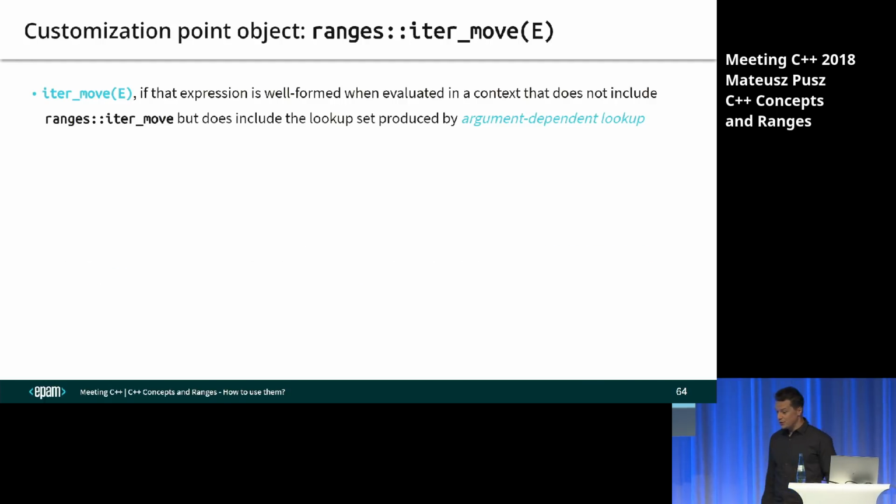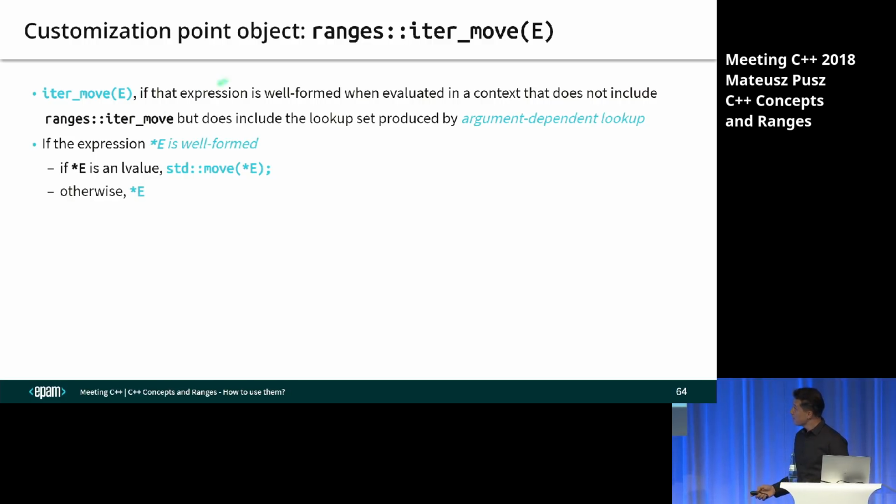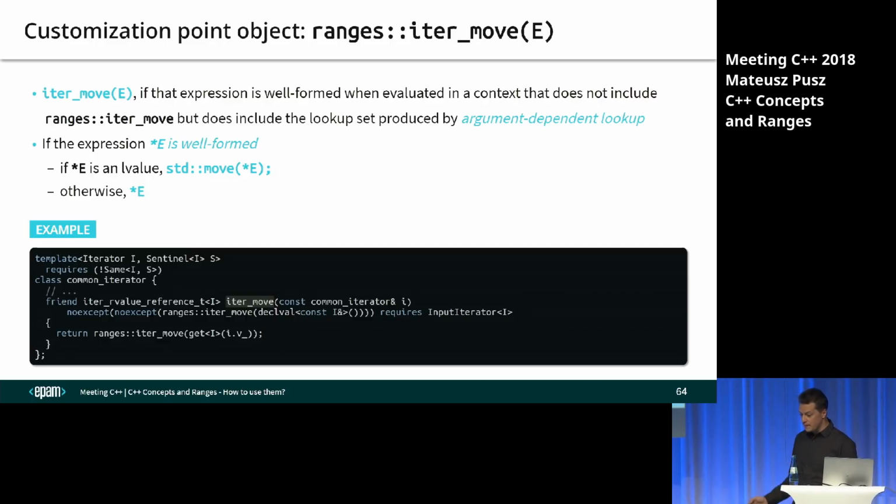Another customization point that you have to provide is what does it mean to move a value from your iterator. So if you provide such a customization point, it will be used. Otherwise, if the dereferencing of E is well-formed and is an lvalue, we use std::move of the dereferencing. Otherwise, we just use the dereferencing of this iterator.